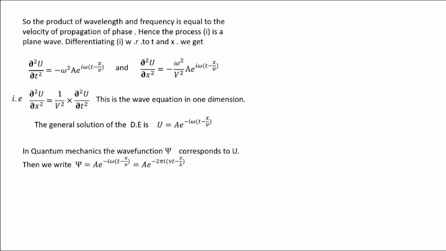In quantum mechanics, the wave function psi corresponds to u. Then we write psi is equal to A e to the power minus i omega (t minus x by v), equal to A e to the power minus 2 pi i (nu t minus x by lambda).